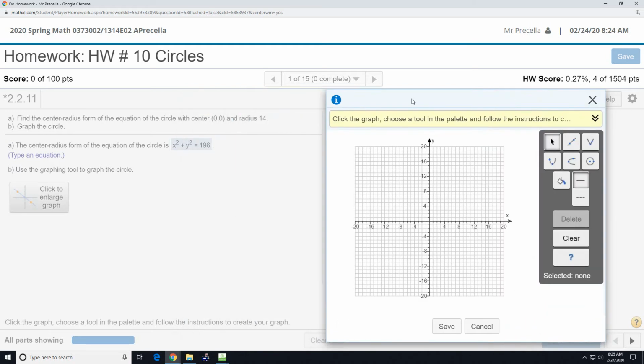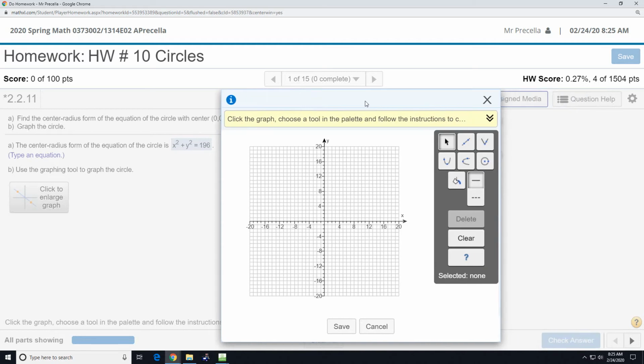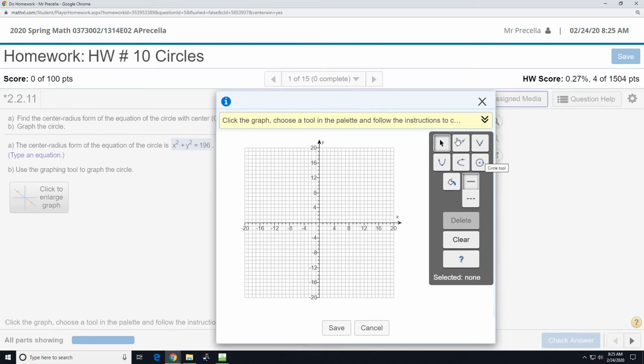In order to graph a circle, all you need to know is where you put the sharp point and how far over you move. Don't use this equation. To graph the circle, first we have these little tools, the line tool, the absolute value tool, and on these, every one of them, you're going to be clicking the circle tool.